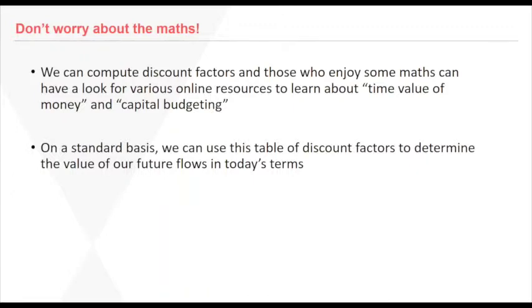So we've got a little cheat table of discount factors that are going to allow us to adjust our future cash flows, to discount them, to reduce them, so that we can get a sense of what the equivalent flow would be in today's money.